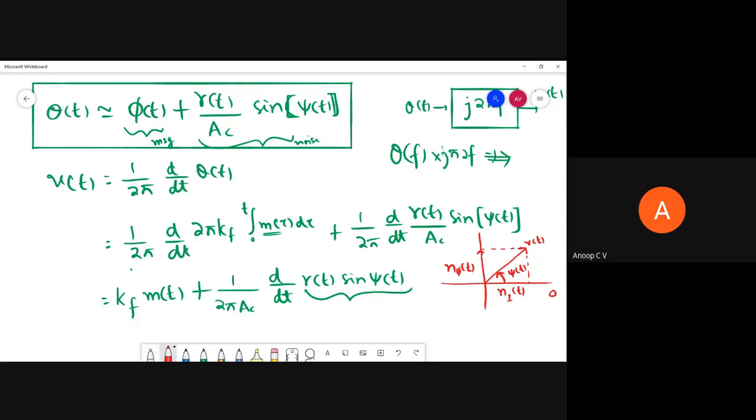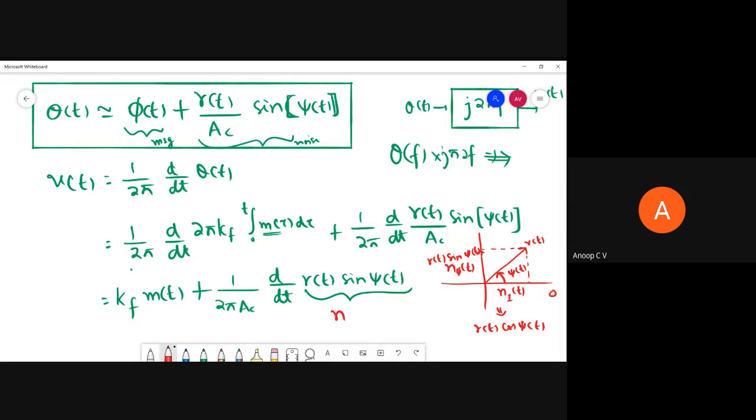So what will be this Ni of t? Ni of t will be nothing but r of t cos psi of t, and Nq of t will be r of t sine psi of t. So here we have r of t sine psi of t.